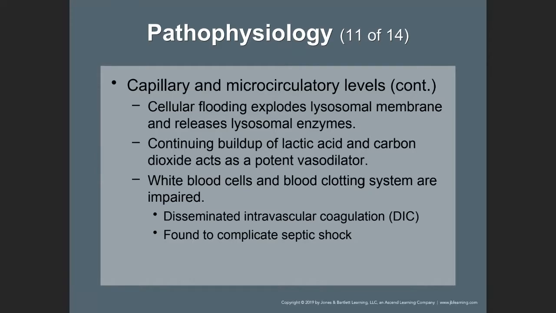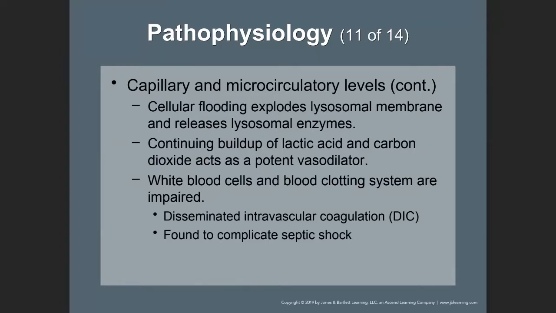Continuing buildup of lactic acid and carbon dioxide acts as a potent vasodilator. So the more the carbon dioxide and lactic acid build up, the more dilated the blood vessels will become.